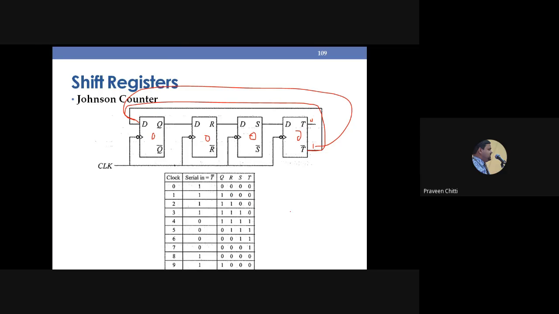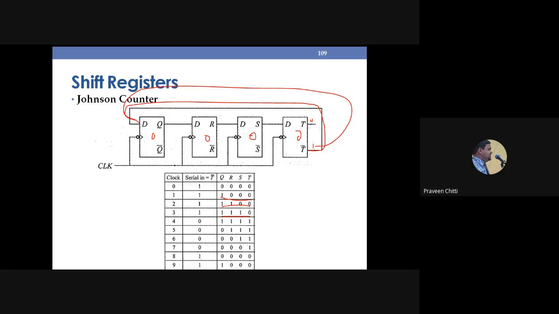You can see the serial input can be anything now. Initially if it is 0 0 0 0, this 1 will come here and we get 1 0 0 0. Next, 1 will come again and it becomes 1 1 0 0. Next it becomes 1 1 1 0.